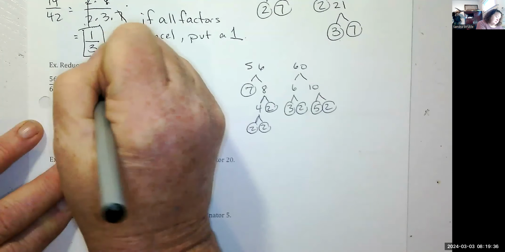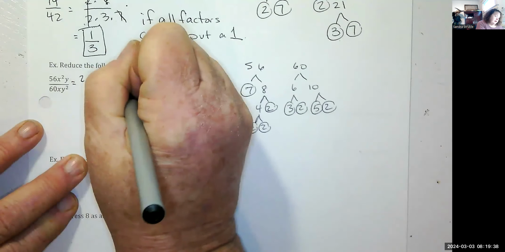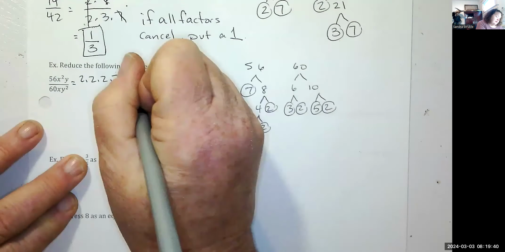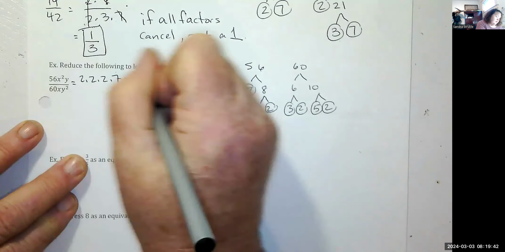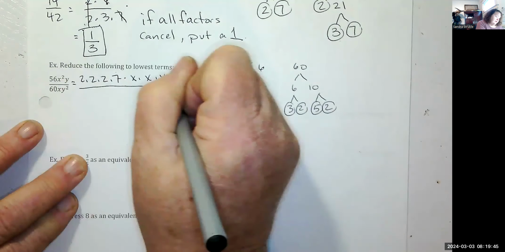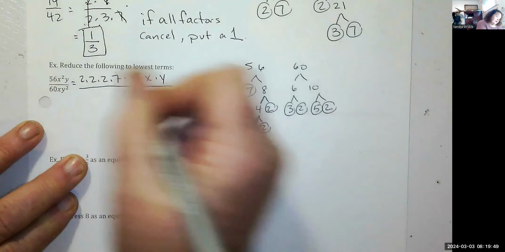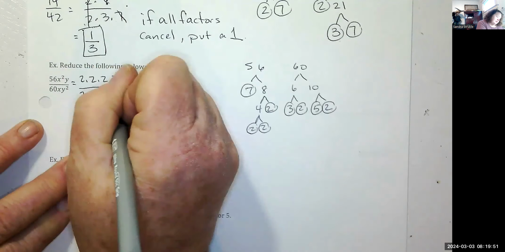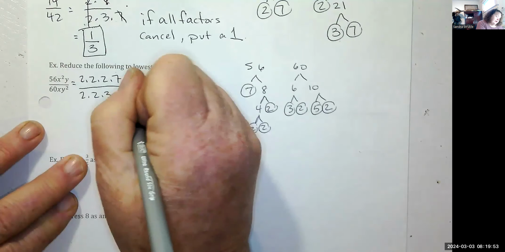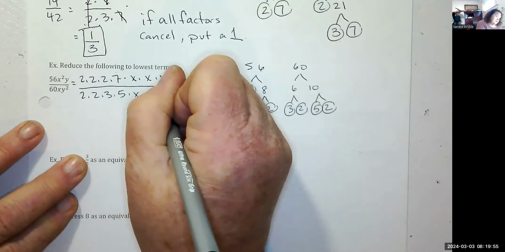I've got 2 x's, x times x, and 1 y, over. My numbers are 2 times 2 times 3 times 5. I've got 1 x and I've got 2 y's.